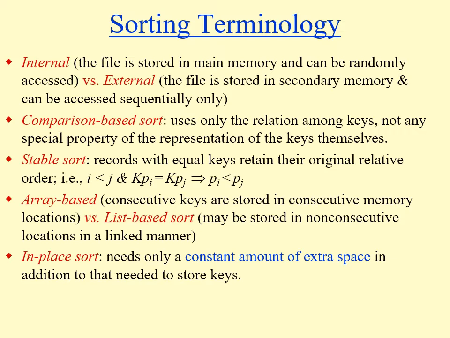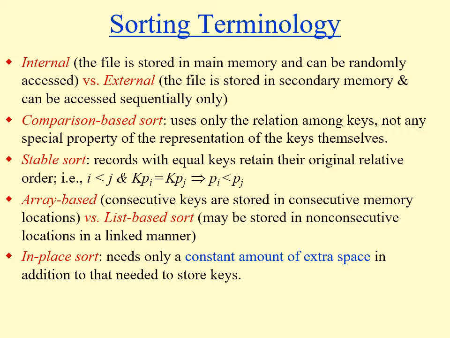In place sort means you only need a constant amount of extra space in addition to that needed to store keys. So you only need these two separate parts. The first one is the space to save the original sequence. The second one is only a constant number of extra space.